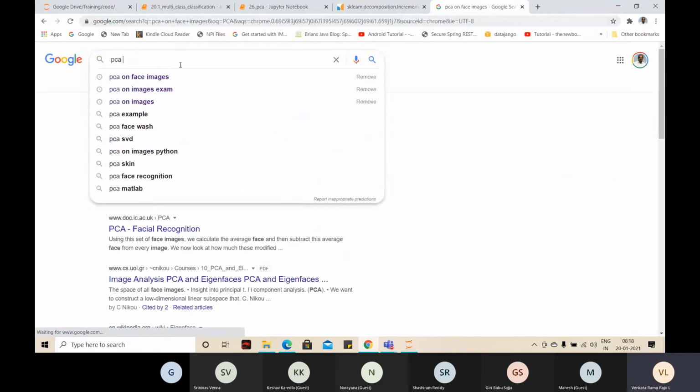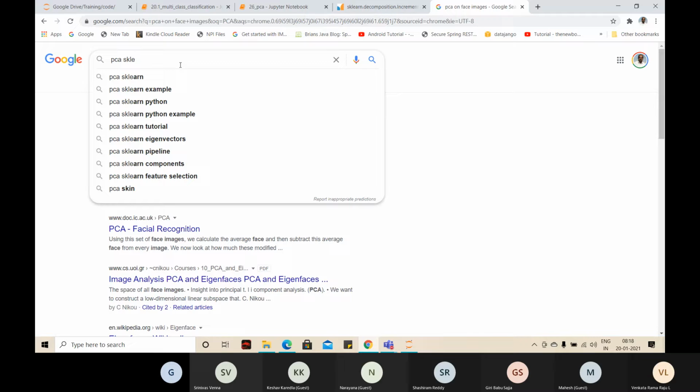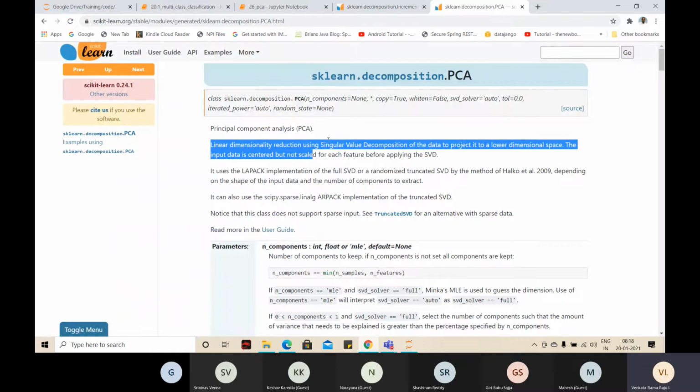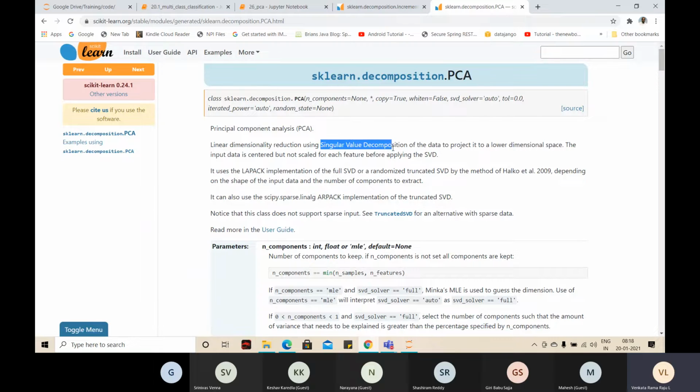There is another mathematical concept we need to cover. In your API, it says using singular value decomposition. It is not saying eigenvalue decomposition. I'll show you the difference between singular value decomposition and eigenvalue decomposition.